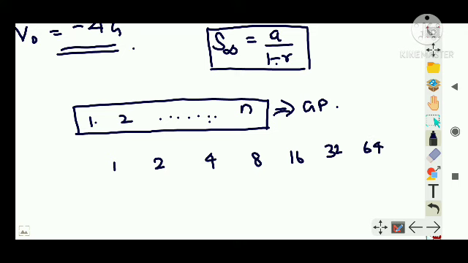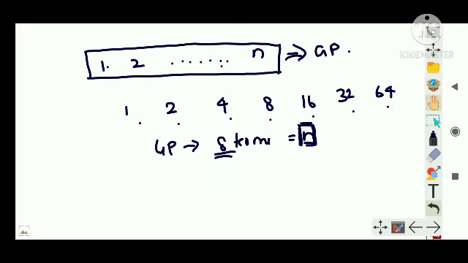So how many terms are there? 1, 2, 3, 4, 5, 6, 7. That means this is a geometrical progression with how many terms? It is having 7 terms. That is n. The number of terms here is 7, right? This much clear?